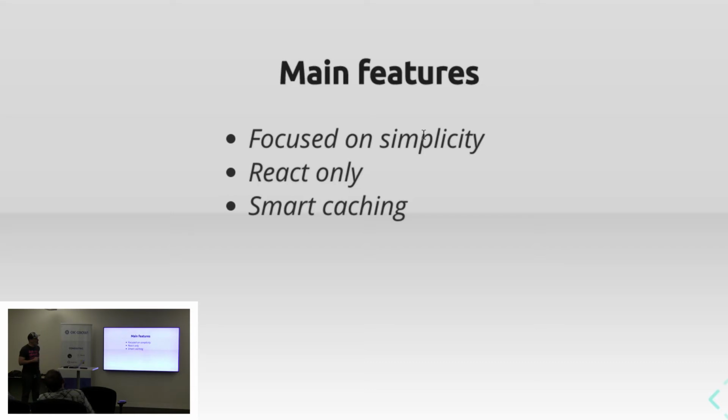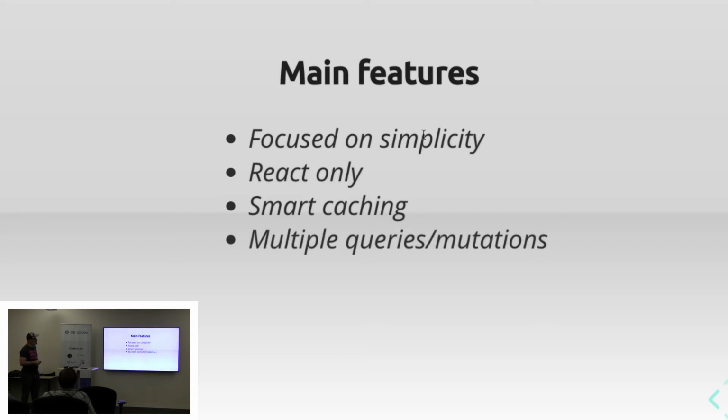If he finds that you run any mutation that can affect these queries that you previously did, it will invalidate those values and try to get the new values from the server. This is a little bit easier implementation than what Apollo is using, but it's also really easy to implement in your code. So we will see that in the examples.